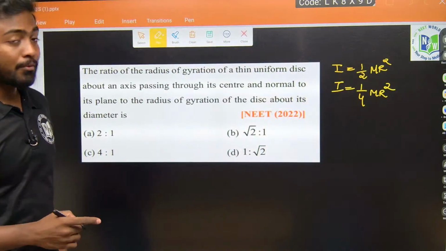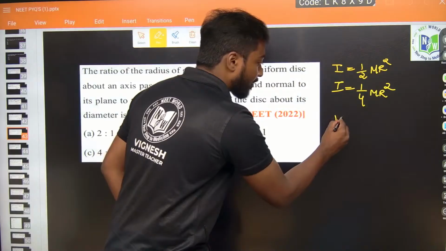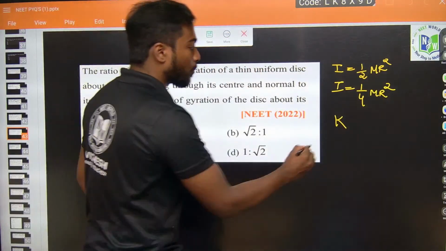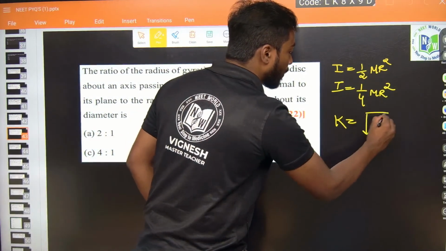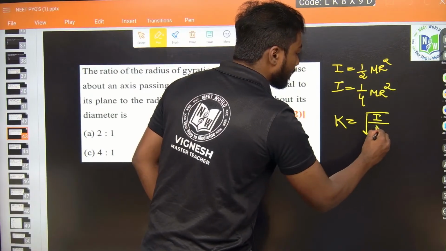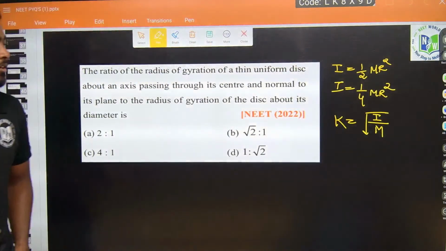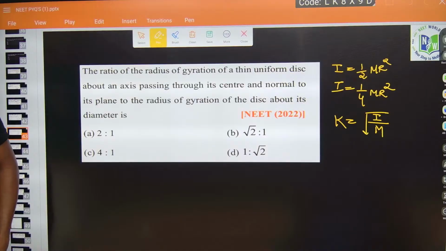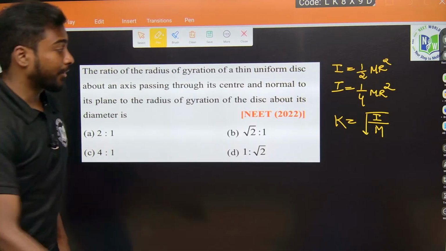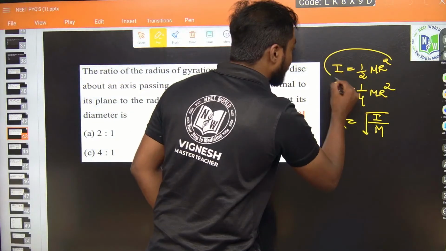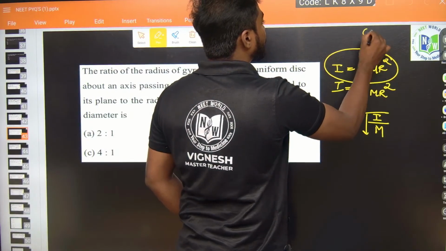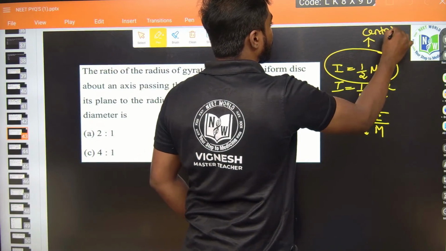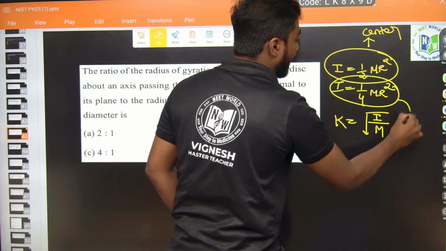So, what is the formula for radius of gyration? Radius of gyration will be denoted by k, which is equals to root over I by m, right. So, if I take the ratios for both, this is for center and this is for diameter.